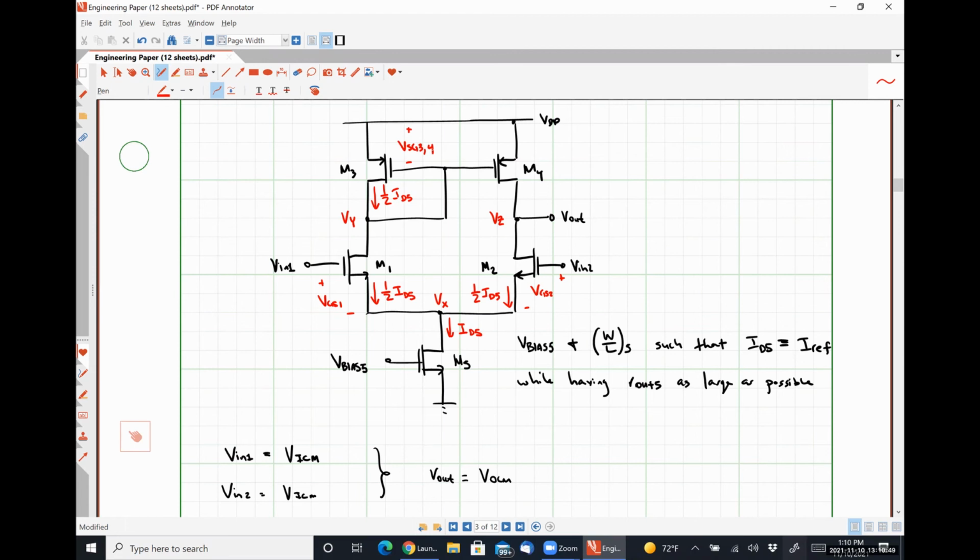If the current's constant, then the voltage present at the gate has to be constant as well. And so we could say that this voltage VY is going to be exactly VDD minus VSG3/4.